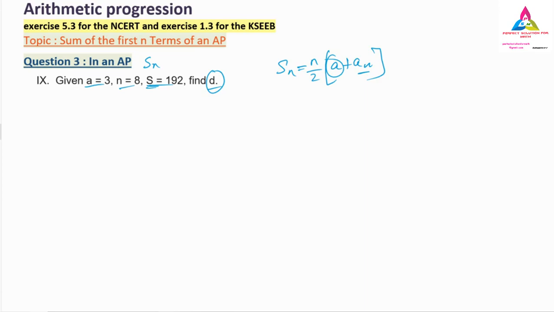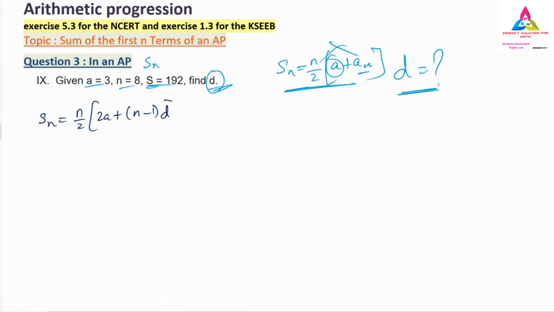Second, they have told you to find the d value, and in this formula d is not there. So this formula is not possible. The formula is Sn is equal to n by 2 into 2a plus n minus 1 into d. This formula I have to apply now.